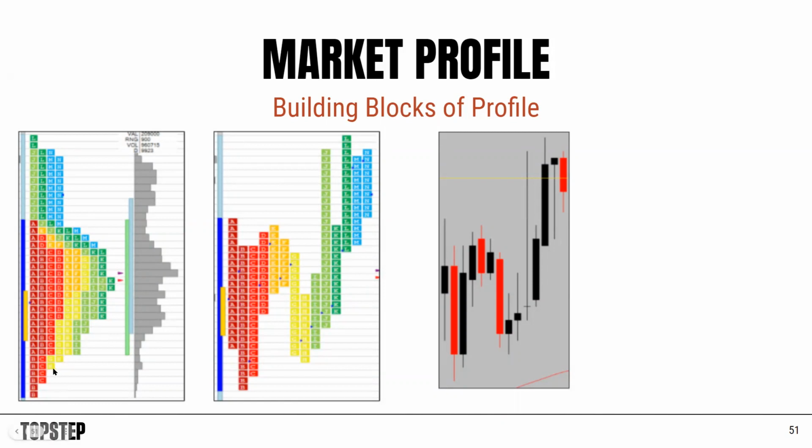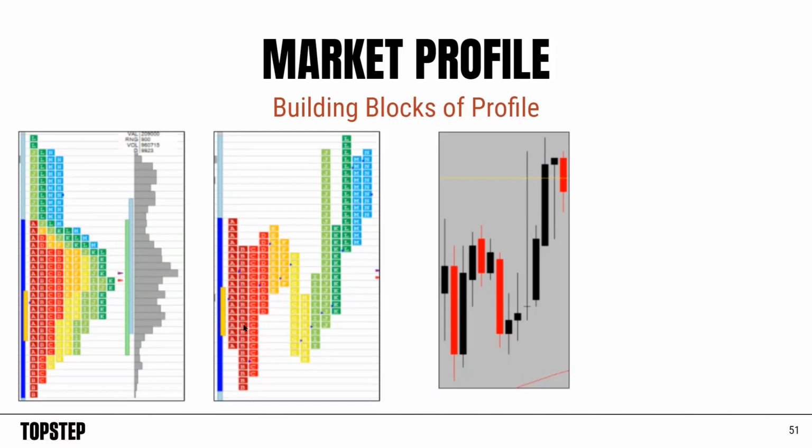If I get a long down here, it may be worth more than just back into value. Maybe I get an opportunity to sell the high of value. So it's not just buy it here and try and get the high of value. It's buy it here, excess at the low, weak high, point of control moving higher, then we get our opportunity.